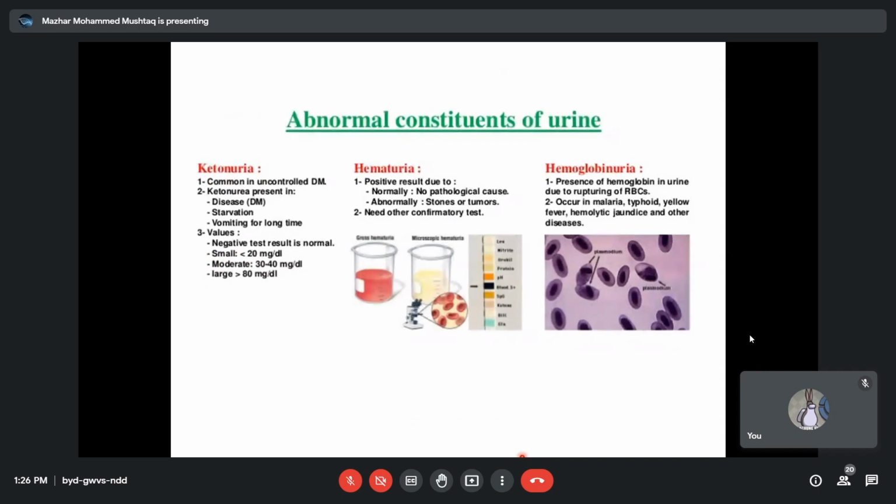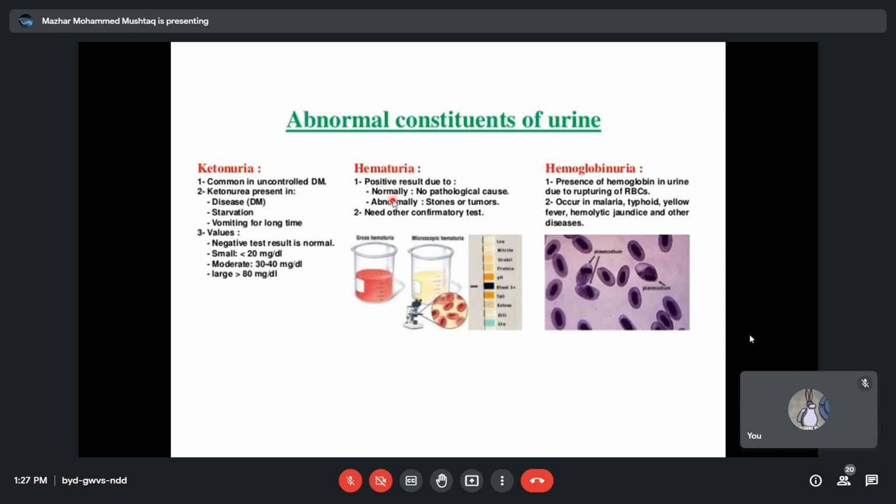So, continuing with some more abnormal constituents, as we have already spoken of ketonuria, it is common in uncontrolled diabetes mellitus. I told you that ketonuria is present in diabetes mellitus, starvation, and vomiting for a long time. These are their values. You do not have to know these values, but you must know at least that if it is negative, then it is normal.